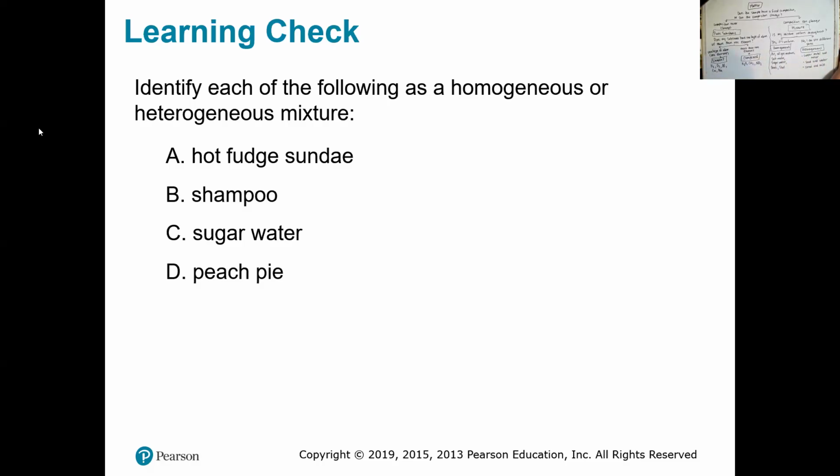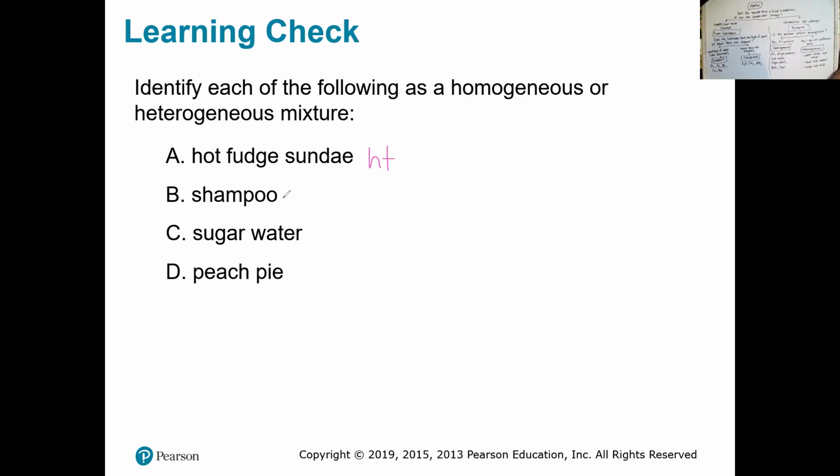Okay. So for each of these, you have to ask yourself, if I'm looking at this thing, can I see multiple parts of it? So for a hot fudge sundae, yeah, you could see all the ice cream, the chocolate sauce, whipped cream, the sprinkles, whatever the stuff is that you like to put in your sundaes. All of that stuff you could see separately. So this is going to be a heterogeneous mixture.